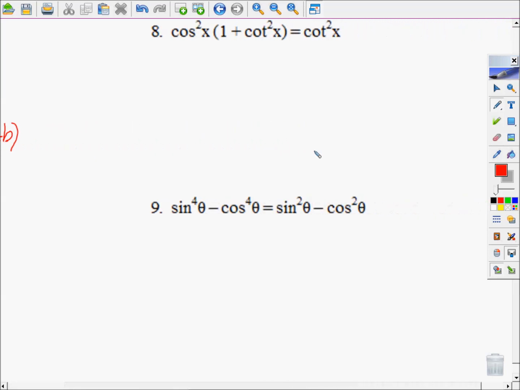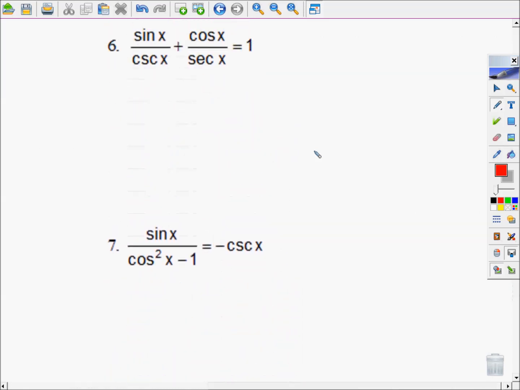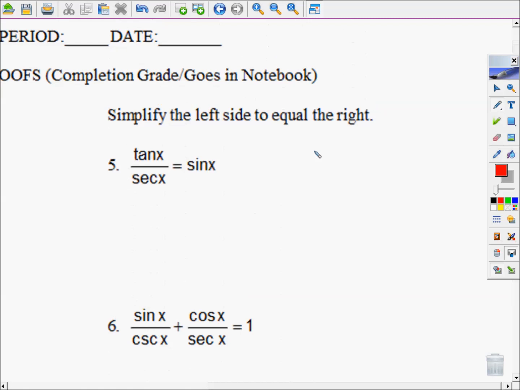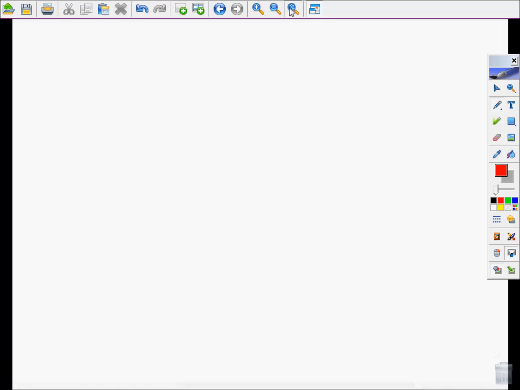Number 5 you should be able to do on the front page. Number 5 is very similar to number 7 that we did. Number 5 is the easiest one on here. For 7, 8, and 9, I suggest on the back of your paper, you divide it into 4 parts and do 6, 7, 8, and 9.